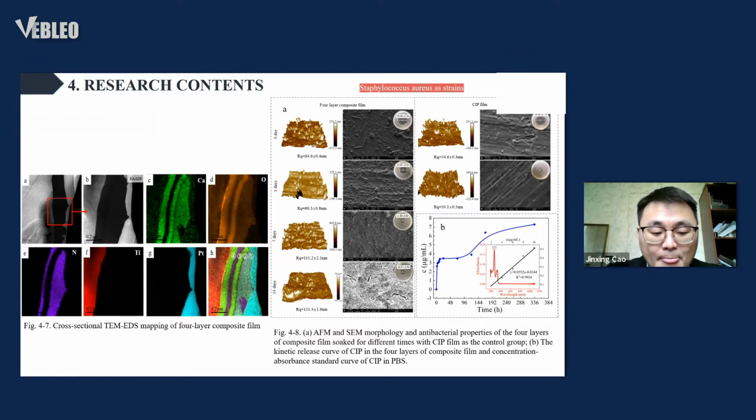Finally, the 4-layer composite film was immersed in PBS for different times, and then the antibacterial performance was tested. The result showed that Mg-HA film not only prolonged the CIP release period, but also enhanced the drug release in the middle and later stage.